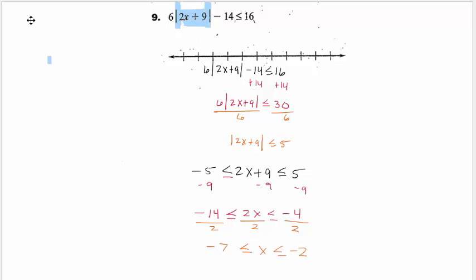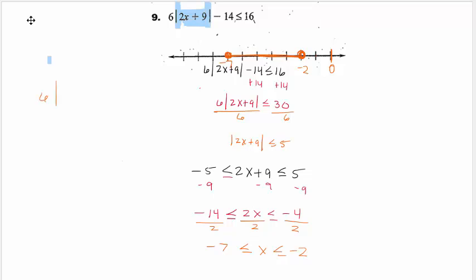So x has to be between negative 7 and negative 2. If I make this 0, negative 1, negative 2, 3, 4, 5, 6, 7, they're going to be closed circles. We could choose 0 and see that it doesn't work because it's outside of our solution set. But if we want to choose something in our solution set, maybe I'll just choose negative 2.